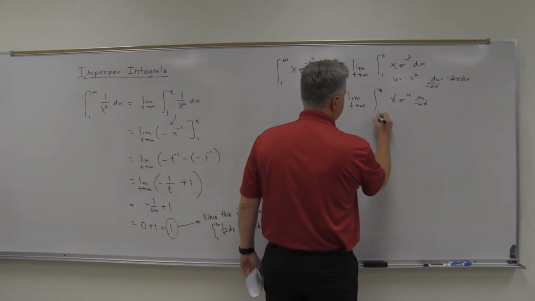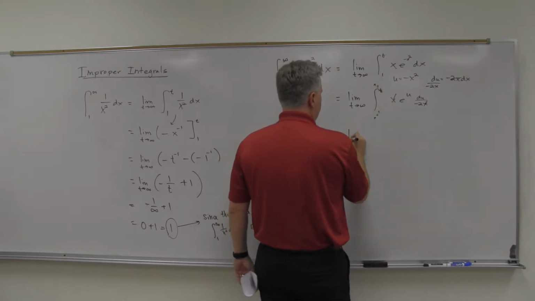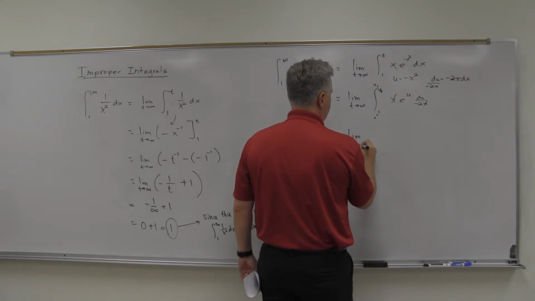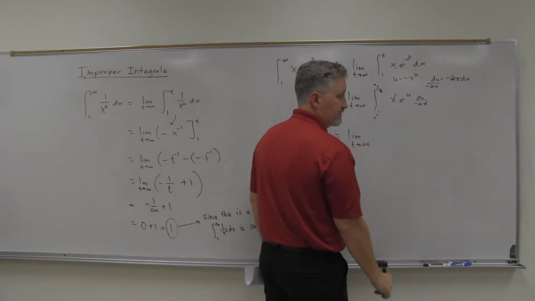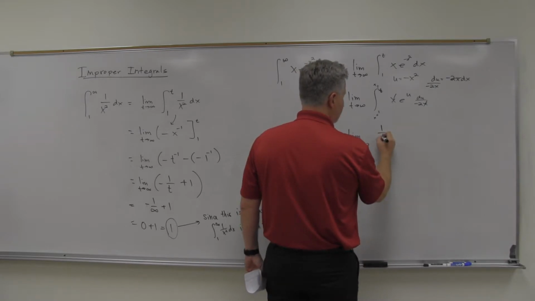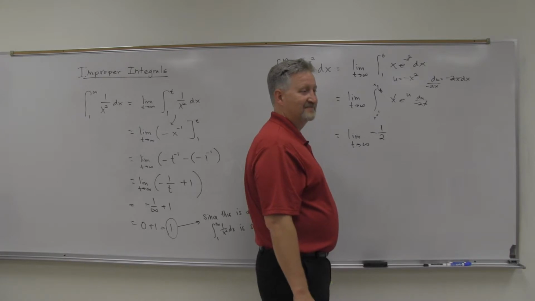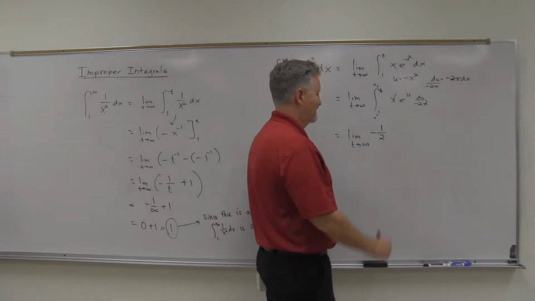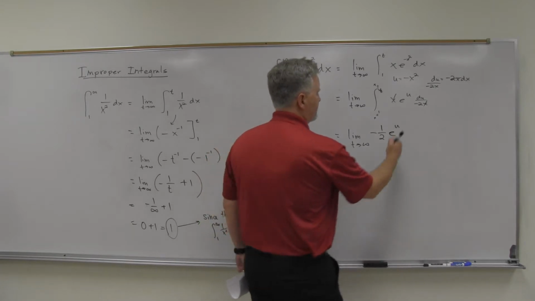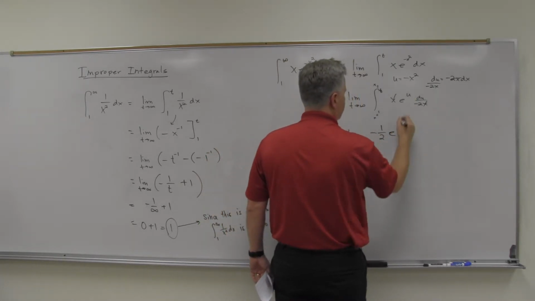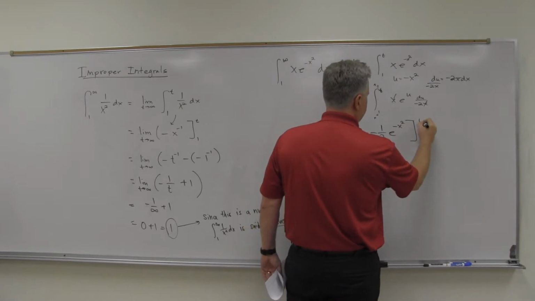These are x values, so we could change them over to u's, but I don't think we want to do that. So minus 1/2 e to the u. That's an easy one, isn't it? What's the antiderivative of minus 1/2 e to the u? Minus 1/2 e to the u. Okay. But let's go ahead and change that back to minus x squared. And then that's going to go from 1 to t.